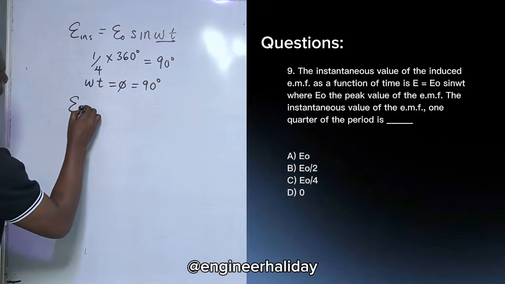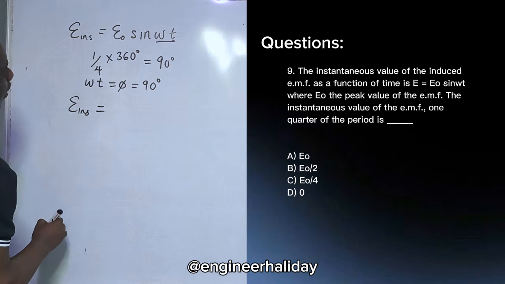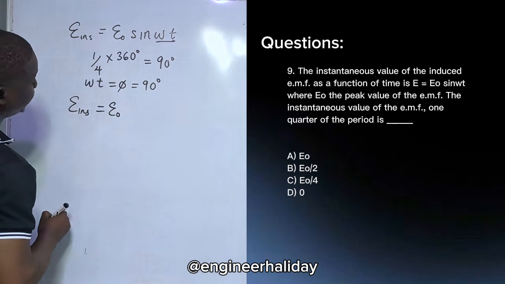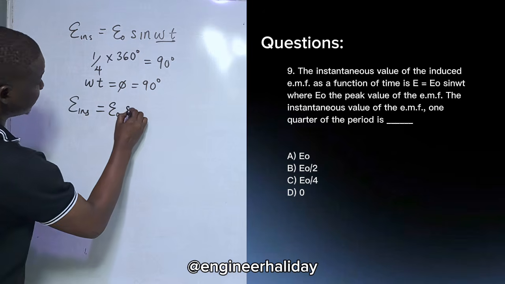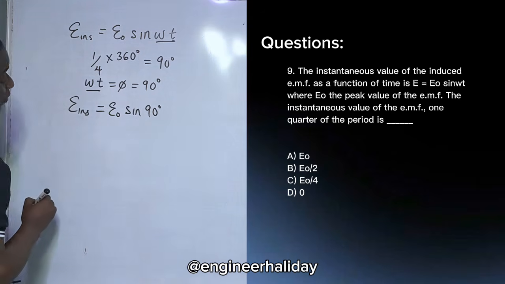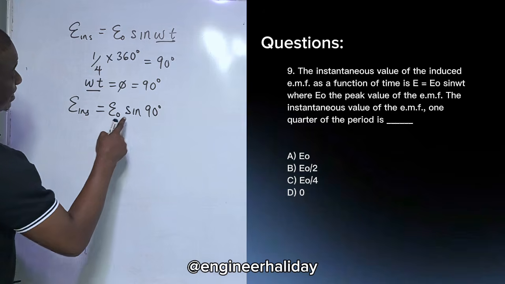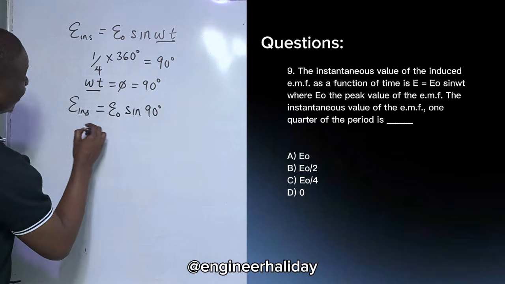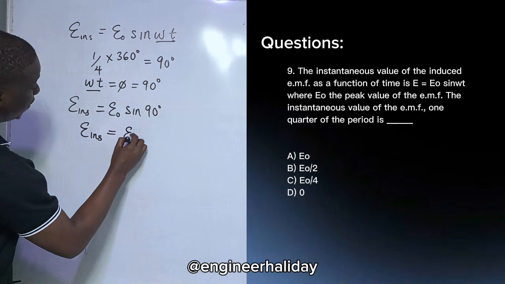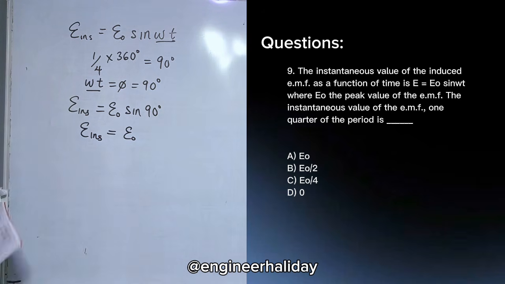So the instantaneous EMF value is equal to the peak EMF value times sine 90. I will replace omega t with 90 degrees. Sine 90 is equal to 1. Therefore, the instantaneous EMF value is equal to the peak EMF value.